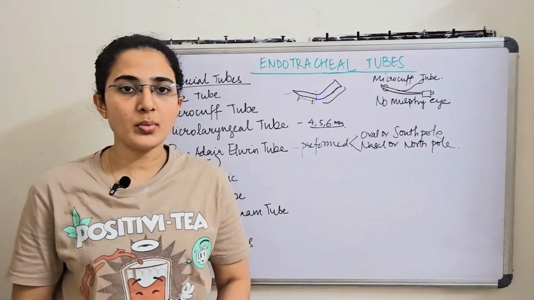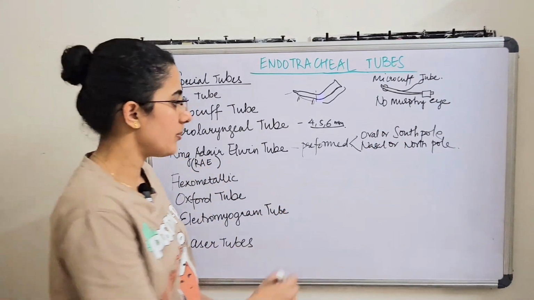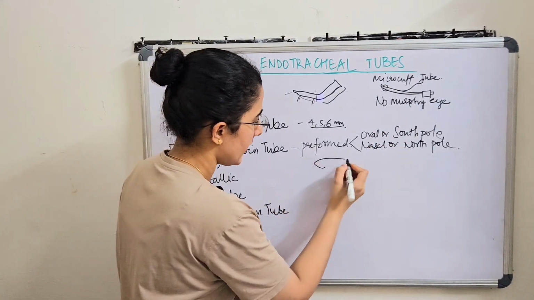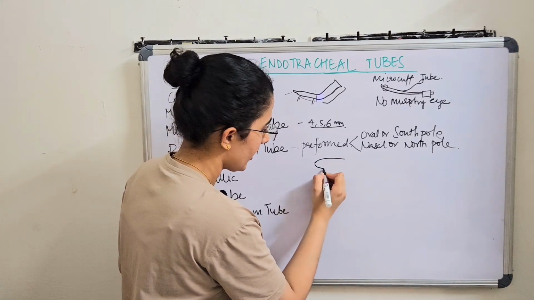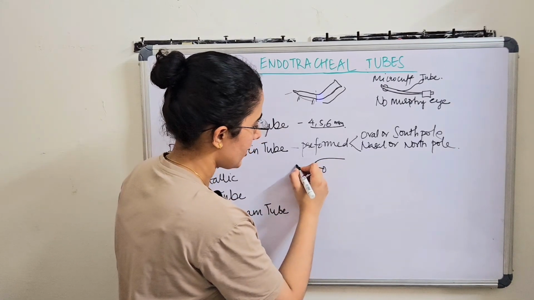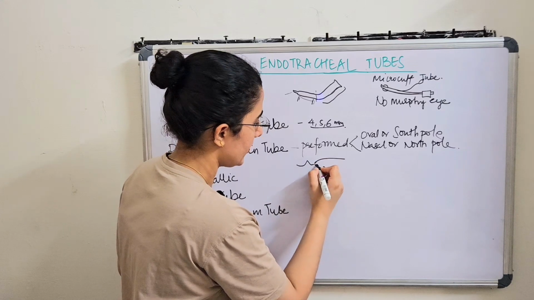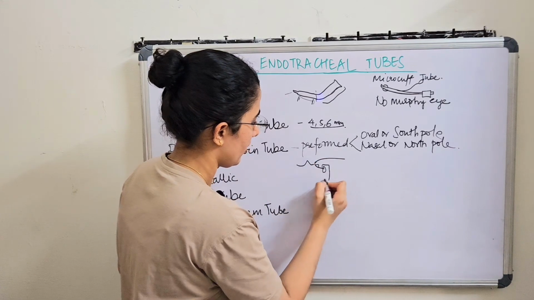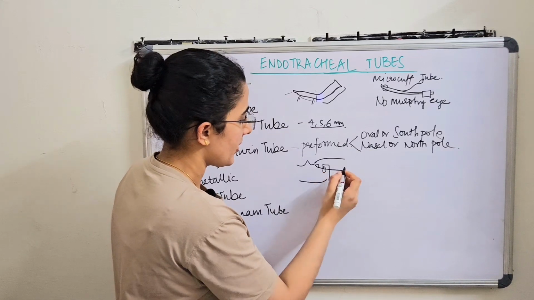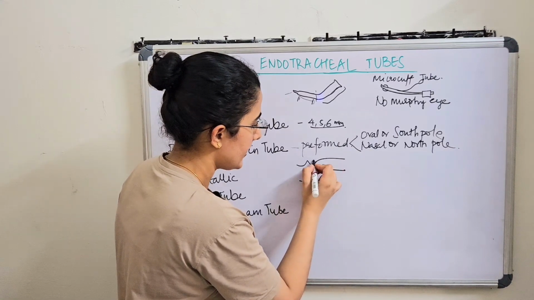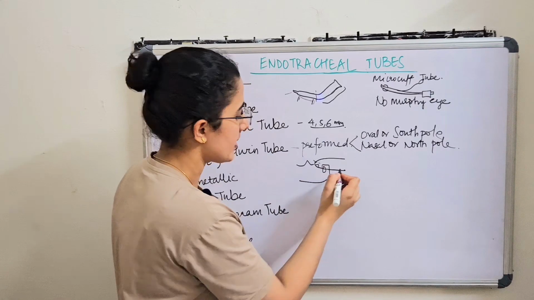The oral or south pole tube, we see that it is bent in a way that, so we are intubating here. This is the mouth of the patient. They would have slept like this. They are preformed in such a way that there is a marking at the level for placement.